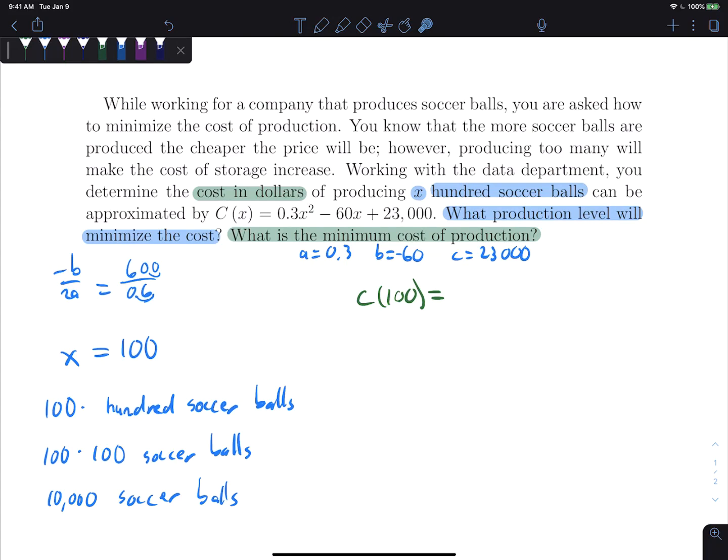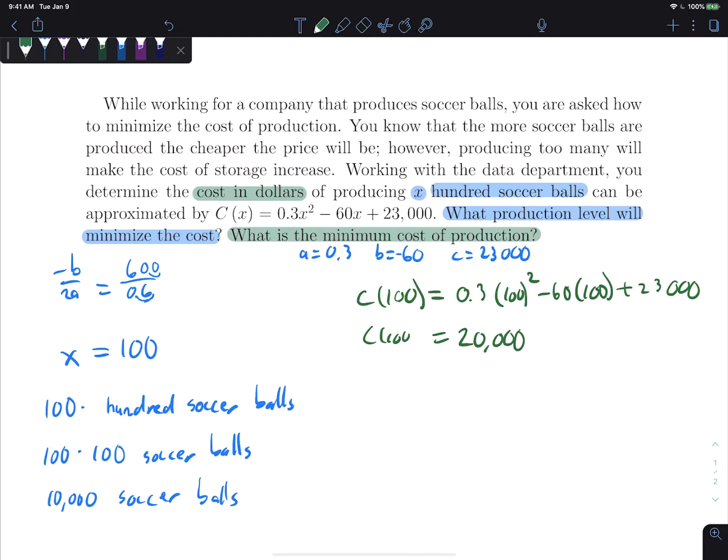So for C of 100, we plug 100 into the x values, which gives us 0.3 times 100 squared minus 60 times 100 plus 23,000. I strongly suggest that you type this into the calculator, and that's going to give you 20,000. So C of 100 is equal to 20,000.